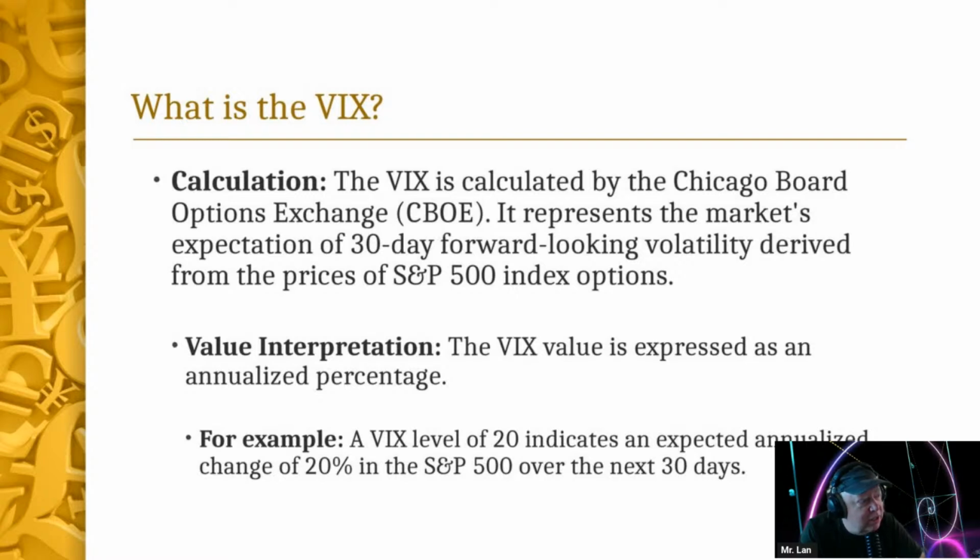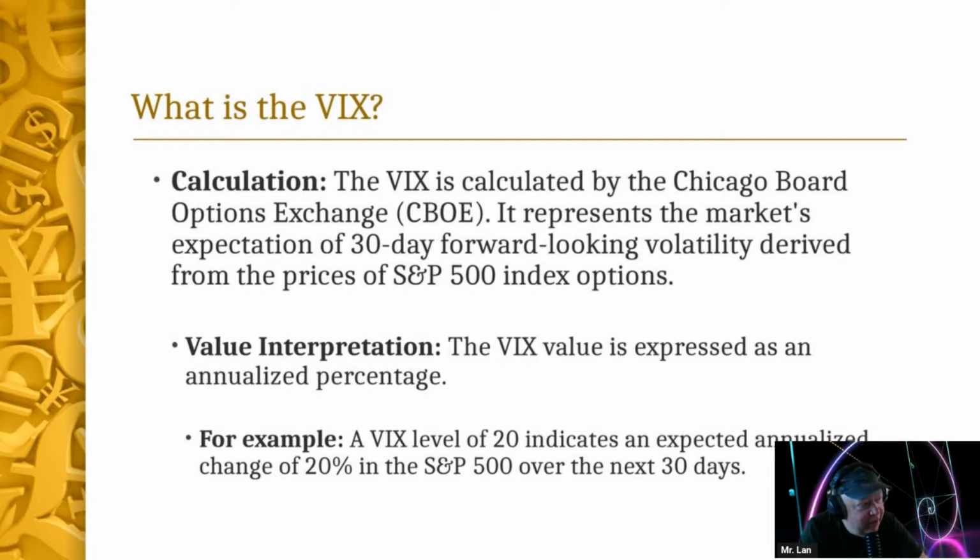It represents the market's expectation of 30-day forward-looking volatility derived from the prices of the S&P 500 index options. That's very important for us to understand how they are calculating the VIX. They're calculating it on the 30-day forward-looking volatility derived from the options on the S&P 500, which is exactly what you and I are trading with the wild eye, crazy eye, iron butterfly. Now, can you see the correlation and why this is important for us?